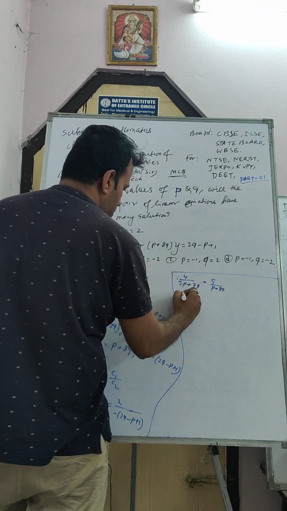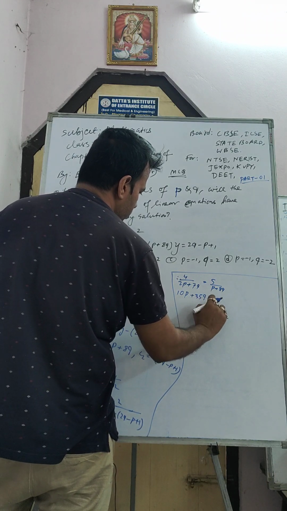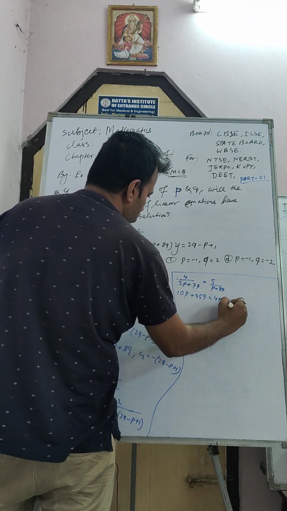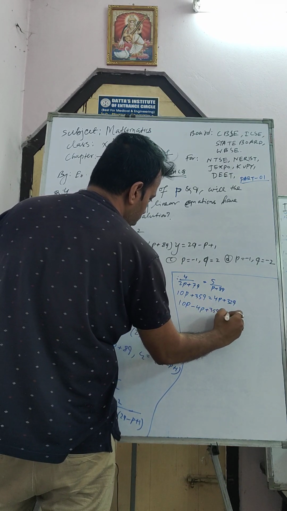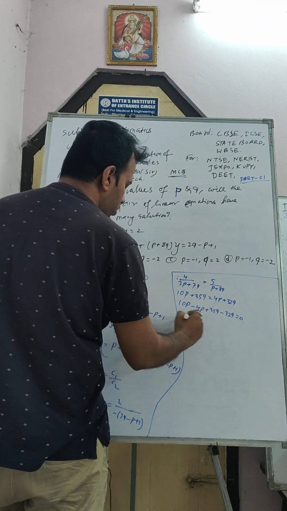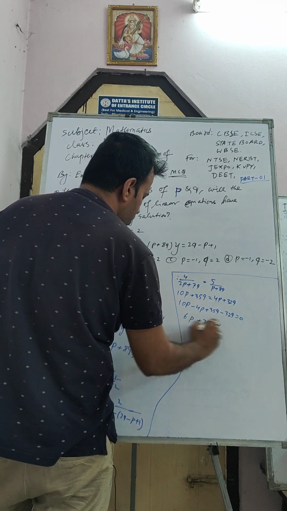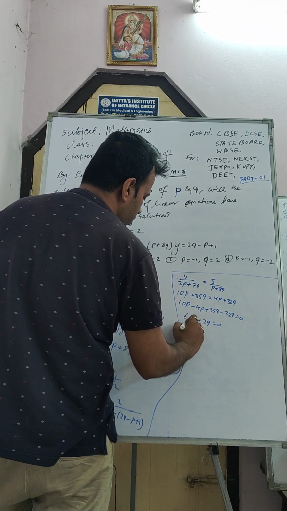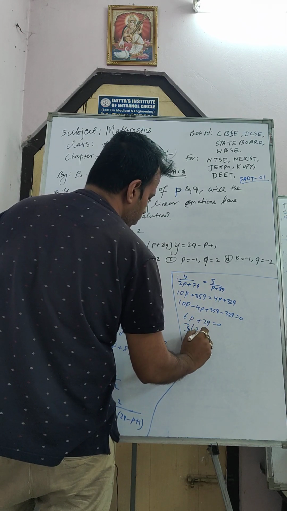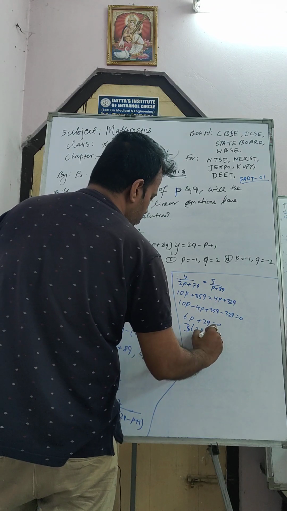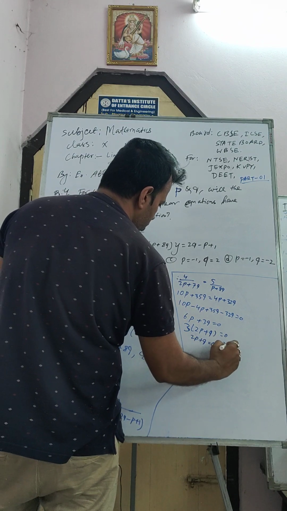If you cross multiply, it will be 10p plus 35q equal to 4p plus 32q. So 10p minus 4p plus 35q minus 32q equal to 0. So it will become 6p plus 3q equal to 0. If you take 3 common, it becomes 3 times 2p plus q equal to 0. So 2p plus q equal to 0. This one is equation 3.